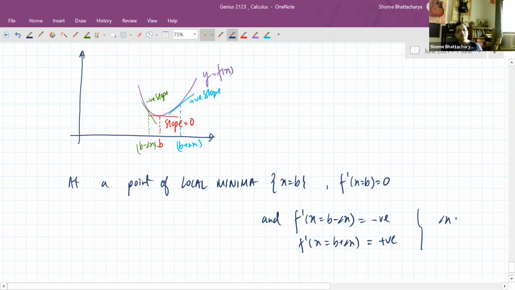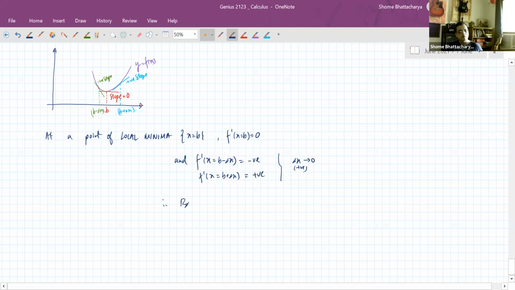In both of these, I'm taking delta x tending to 0, and it is a positive quantity. So you can see the behavior of f prime x at x equal to b's neighborhood.